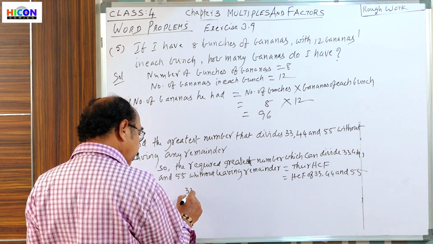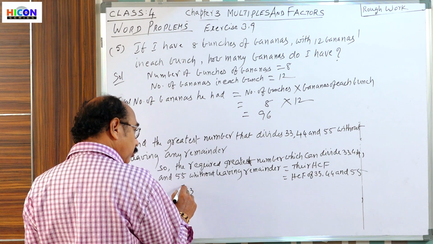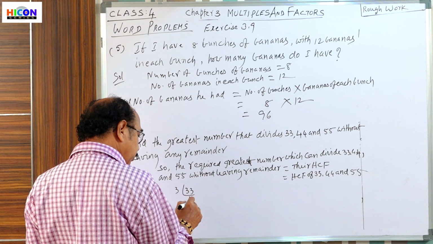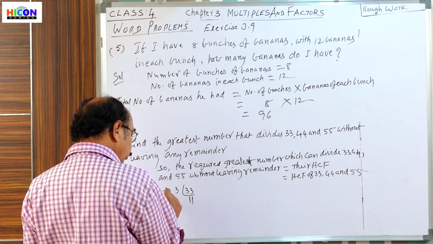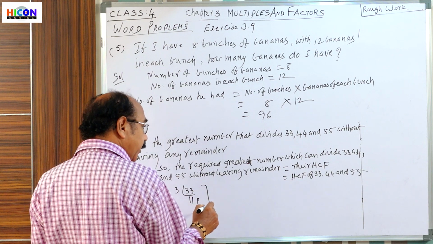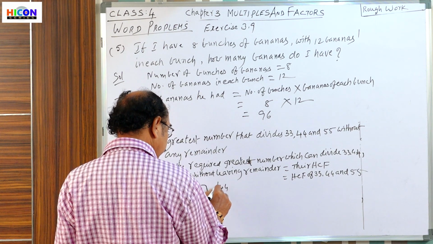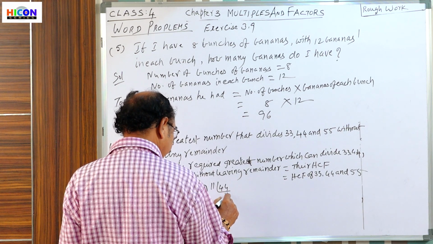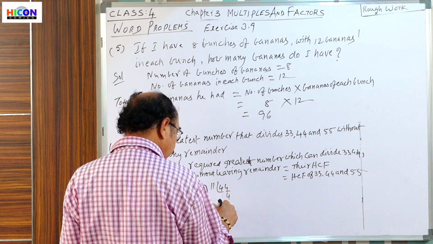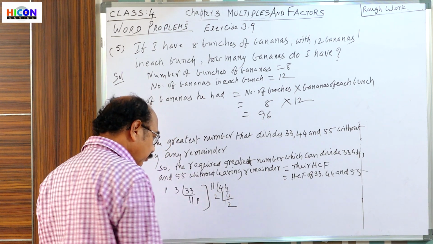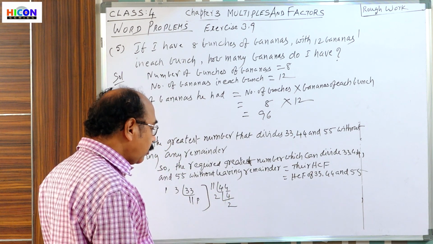Take 33 and do prime factorization. 3 11s are 33. 3 is prime, 11 is prime. Next, take 44. 11 4s are 44. Again divide 4 by 2: 2 2s are 4.